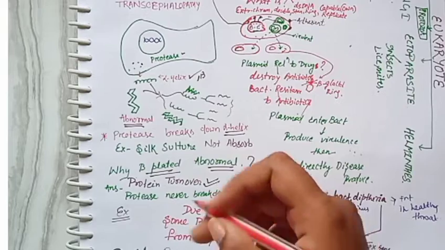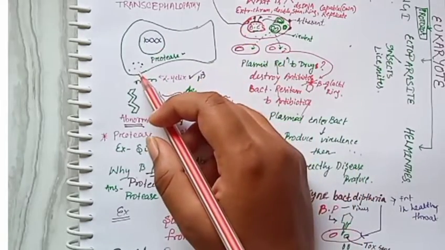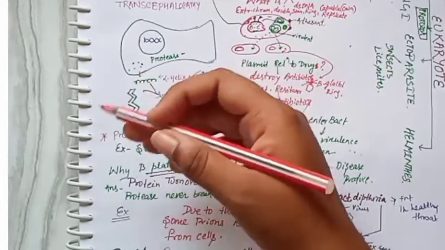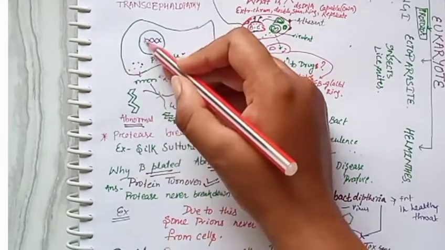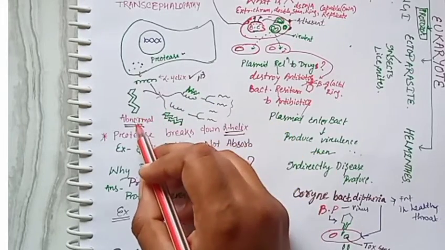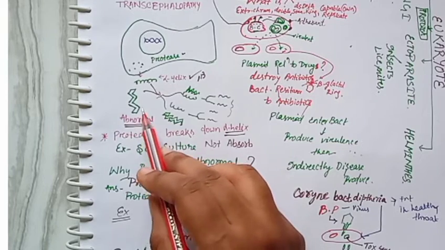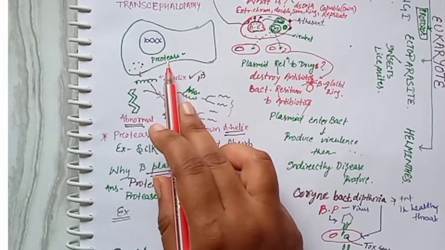Protein turnover is defined as when DNA synthesizes the protein, these undergo degradation by proteases and new proteins are simultaneously synthesized. But the beta pleated proteins are not broken down by the protease. Why?